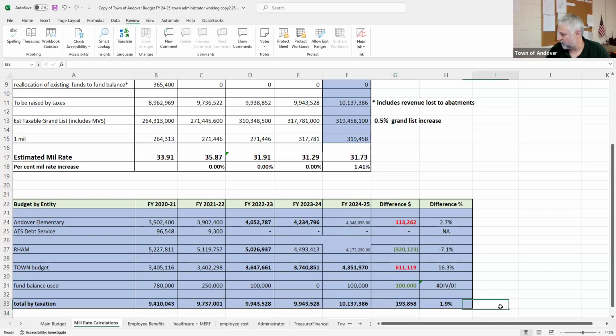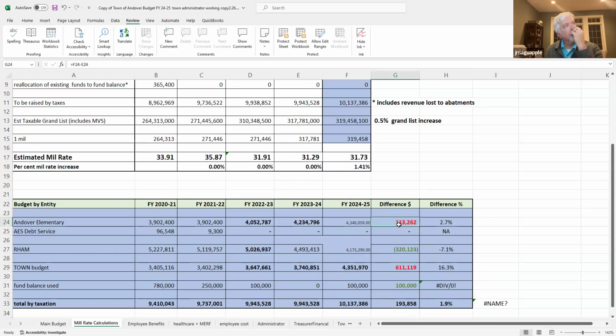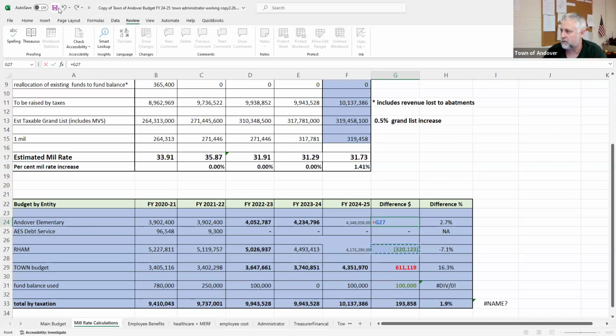I guess I would take that and you're going F33. I don't get that. It should be like 303,000. 304,000 is the change.